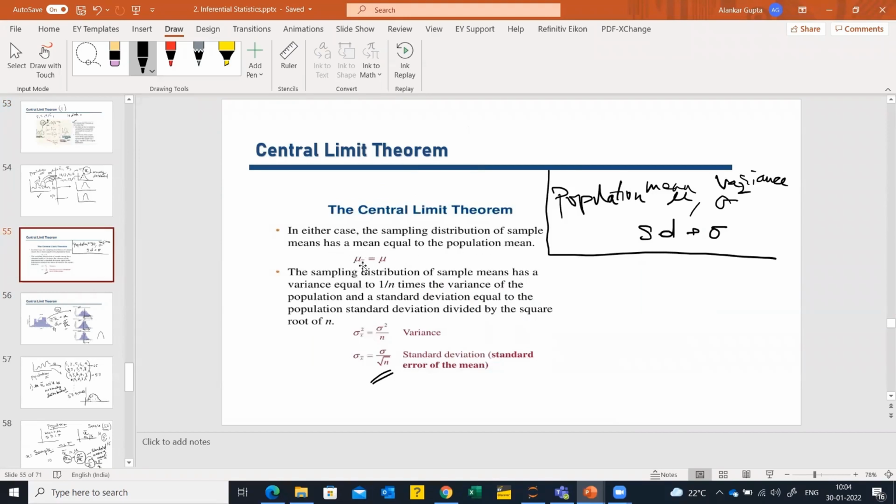So mu x bar is equal to mu, and the sampling distribution of the sample means has a variance equal to 1 by n. Okay, if variance is 1 by n, then the standard deviation will be the root of it, which is 1 by root n. So just understand one thing: if you take a sample out of a population, the mean is going to be the same, but the standard deviation is going to change to the standard deviation divided by the root under of n, the sample size.